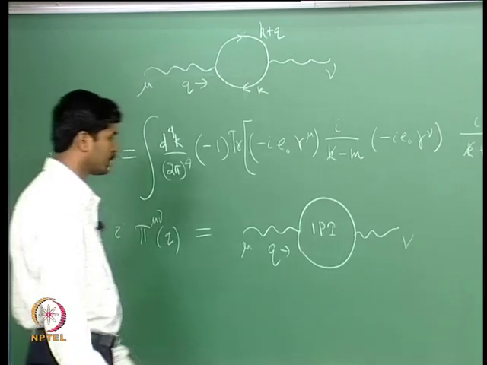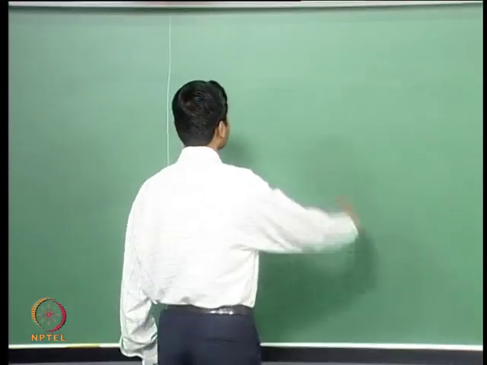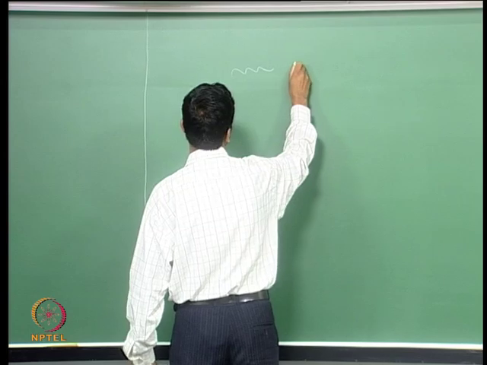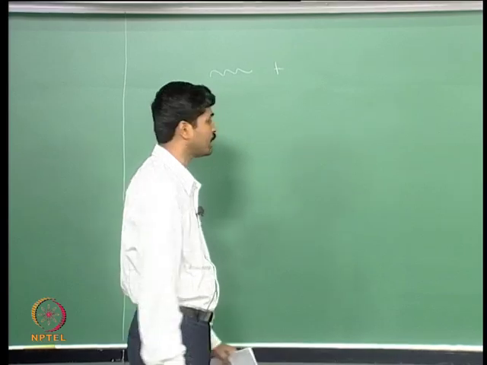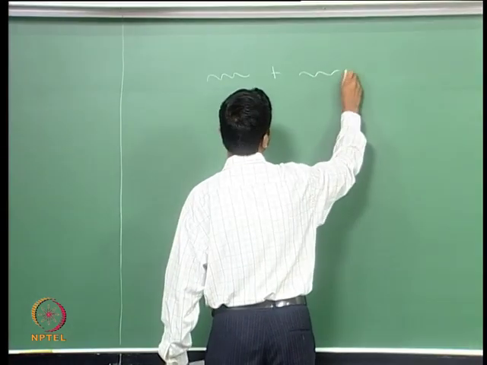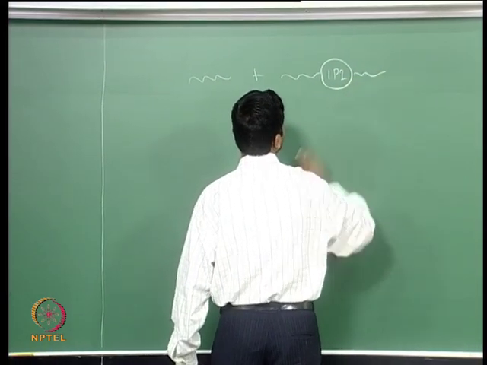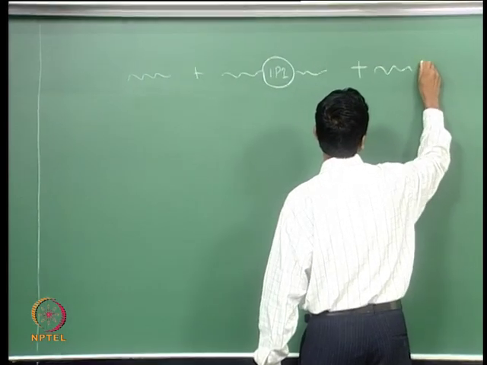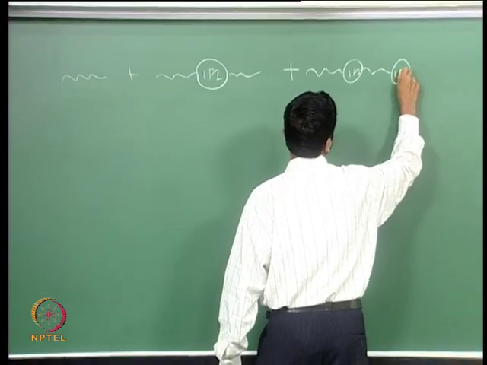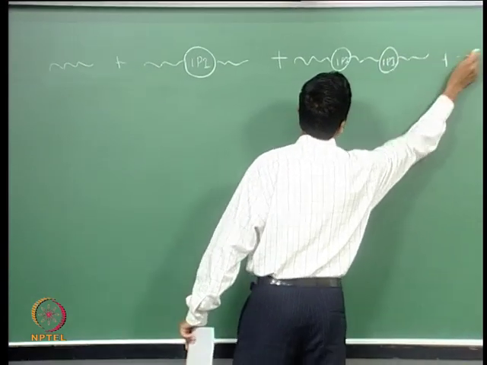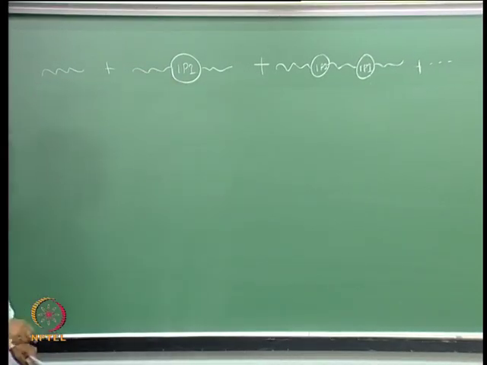Then the full photon propagator to all orders will be determined by taking the sum of all such diagrams. So, at tree level you simply have this, after that you have only one such term here, then all such one particle irreducible diagrams included like this.